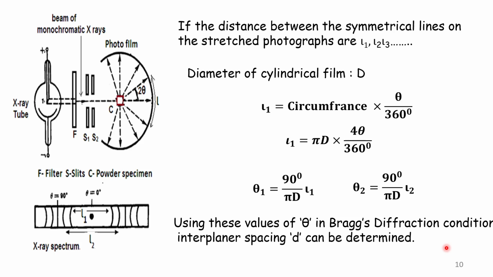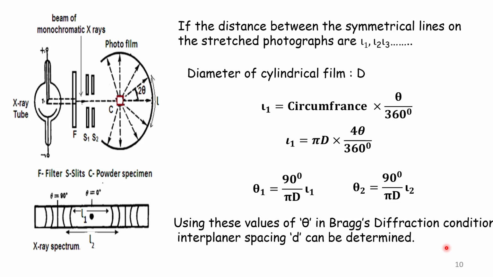So students, you have to remember that by using the powder diffraction method, when the X-ray beam is incident on the powder material, it gets diffracted, and the diffracted pattern is generated on the photographic film in the form of concentric rings.